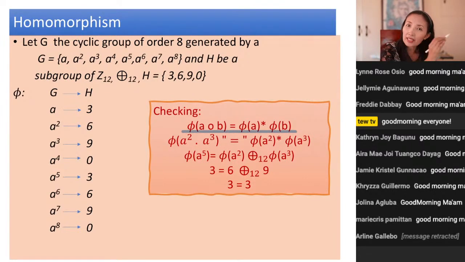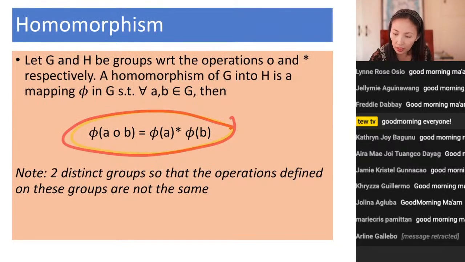Circle is defined in G and star is the operation in H. So that if we identify two elements of G, going back to the definition again, such that for every A, B, two elements of G, then it has to satisfy this.